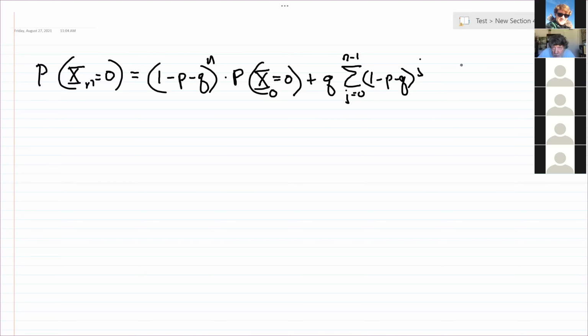So this is what I'm assuming. We're assuming it's true for n, and we're trying to get the same result for n plus 1. The idea was to draw that picture.